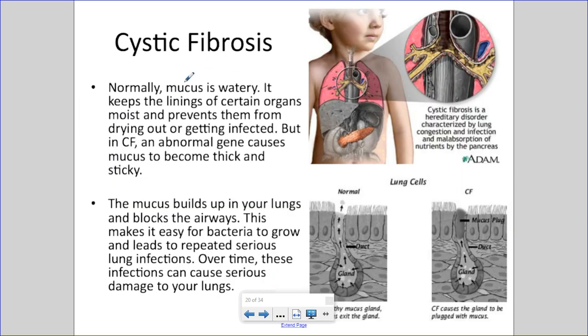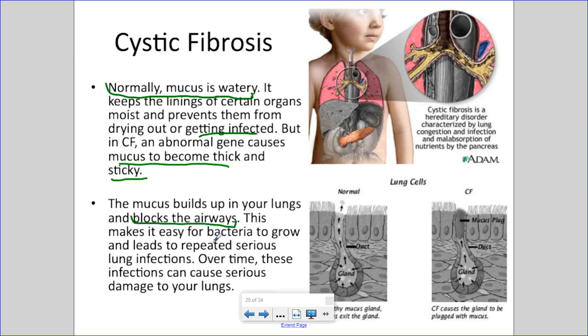In cystic fibrosis, you have to keep in mind that in normal circumstances, the mucus is watery. It helps keep the linings of certain organs moist and prevents them from drying out or getting infected. So it's like a natural cleansing of the lungs. But in cystic fibrosis, the abnormal gene will cause the mucus to become thick and sticky. This mucus will build up in the lungs and block the airways.